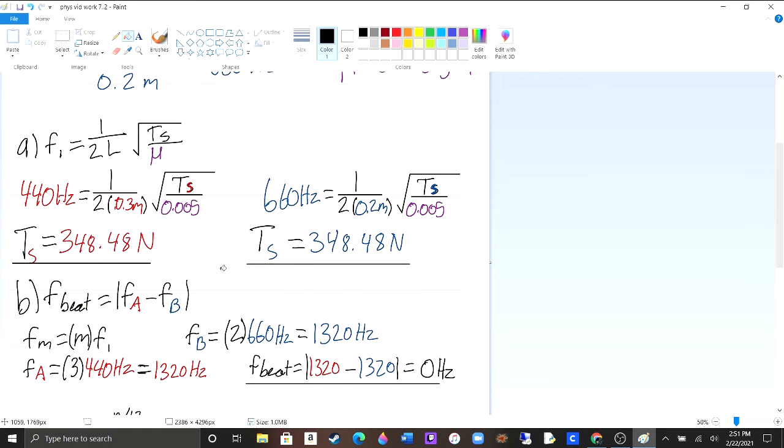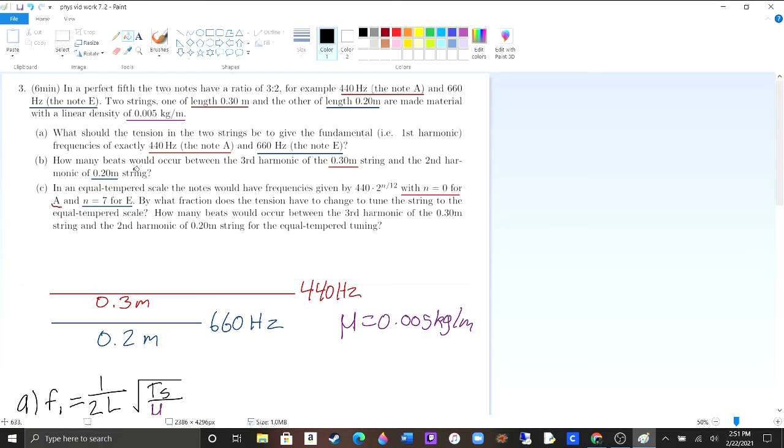With that, part B asks how many beats would occur between the third harmonic of the 0.3 meter string and the second harmonic of the 0.2 meter string. The third harmonic is just the frequency of the first harmonic times 3, and the second harmonic is the first harmonic's frequency times 2.